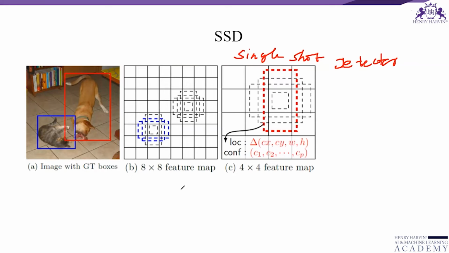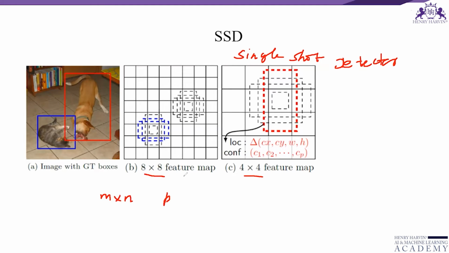After going through certain convolutions for feature extraction, we obtain a feature layer of size m cross n, basically the number of locations, with p channels. Say we are getting an 8 cross 8 or 4 cross 4 feature map.